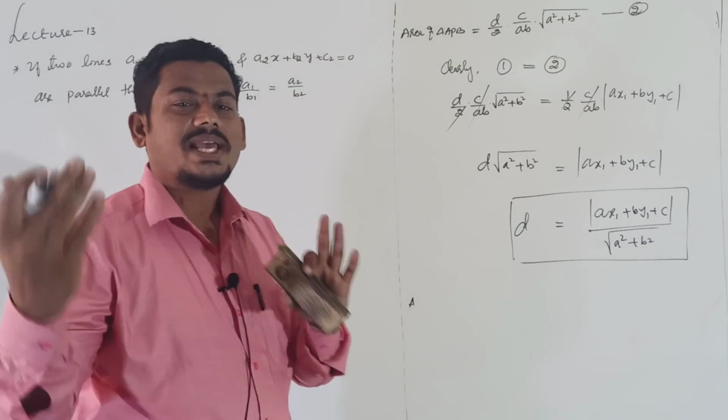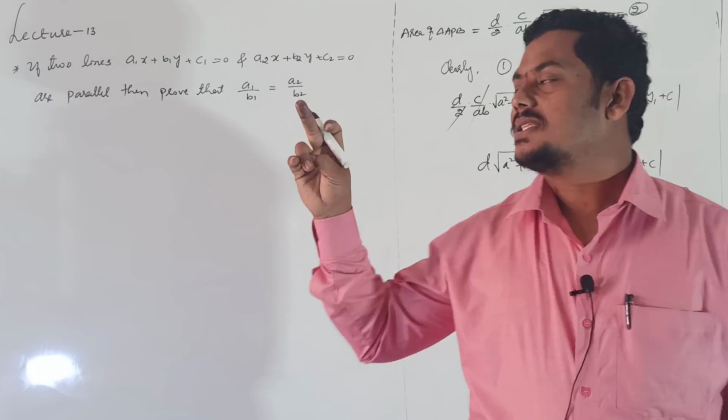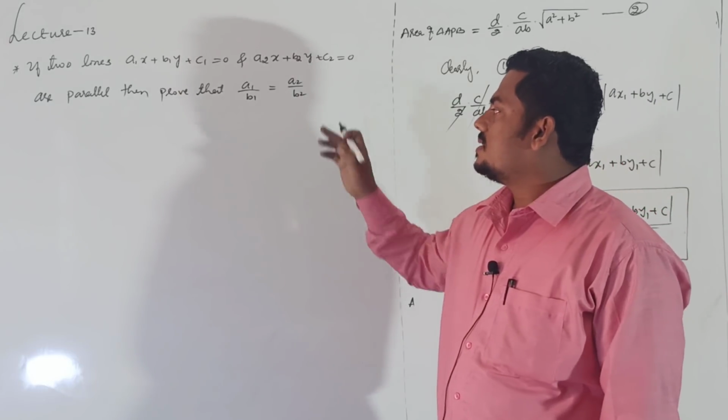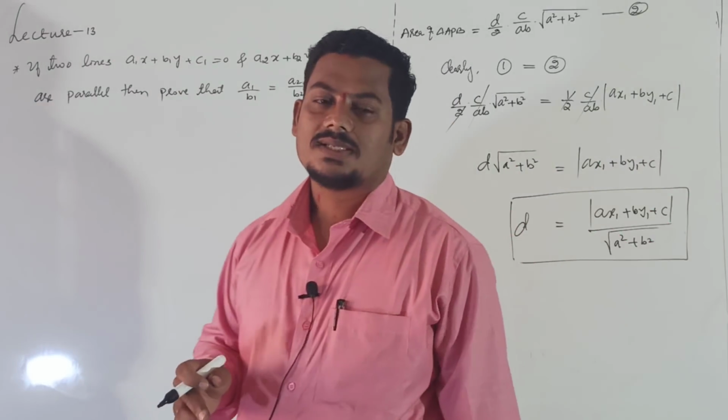If these two lines are parallel, then the condition is a1 by b1 is equal to a2 by b2. Simple proof.